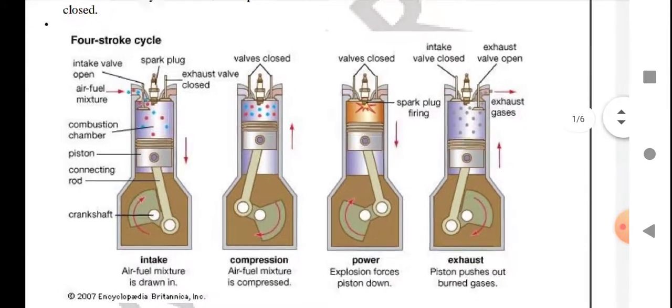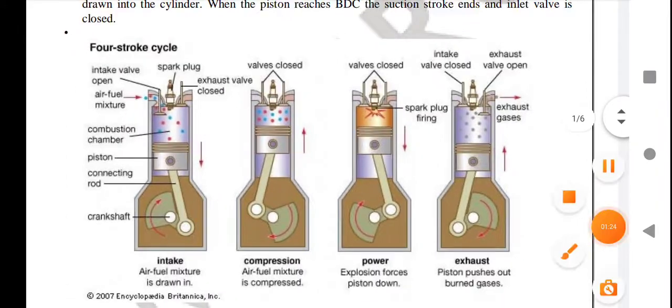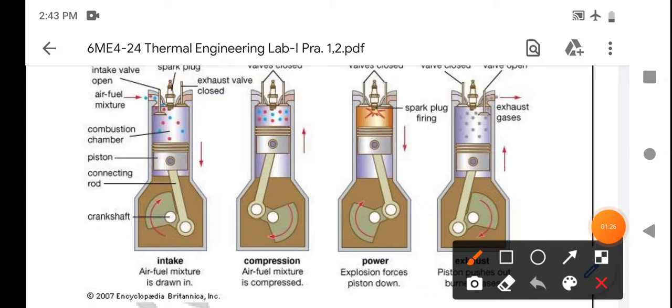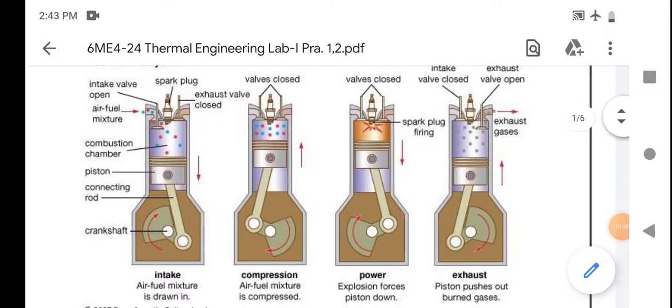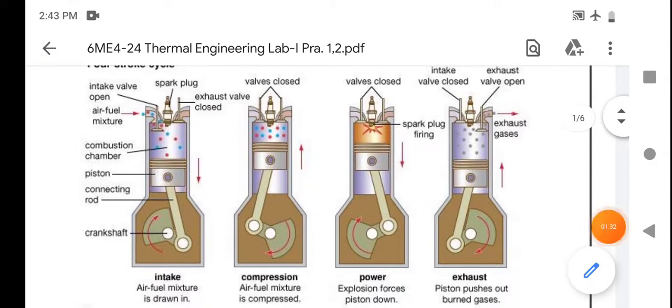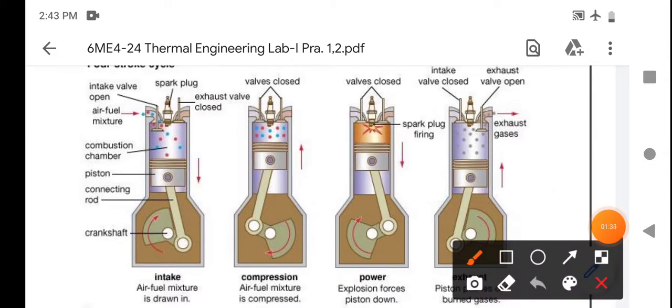In this figure, as you see, the first stroke is the suction stroke, or intake stroke.